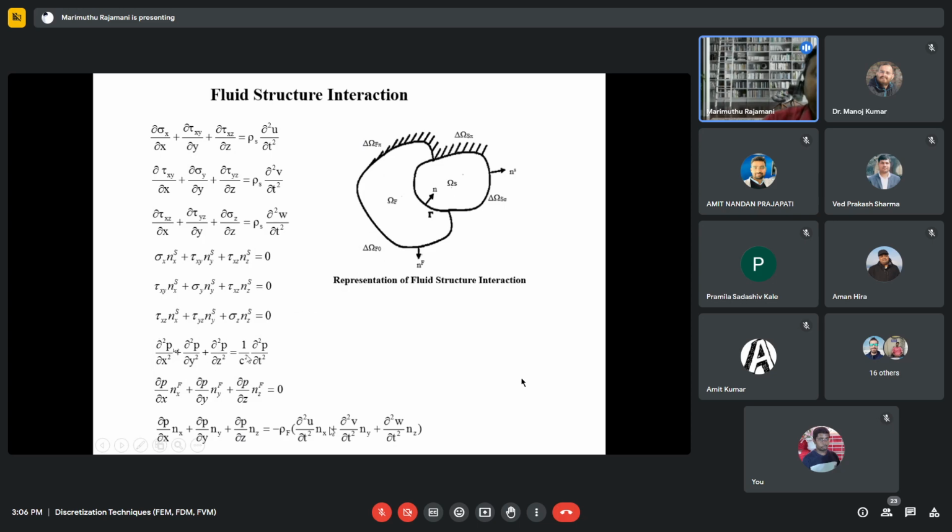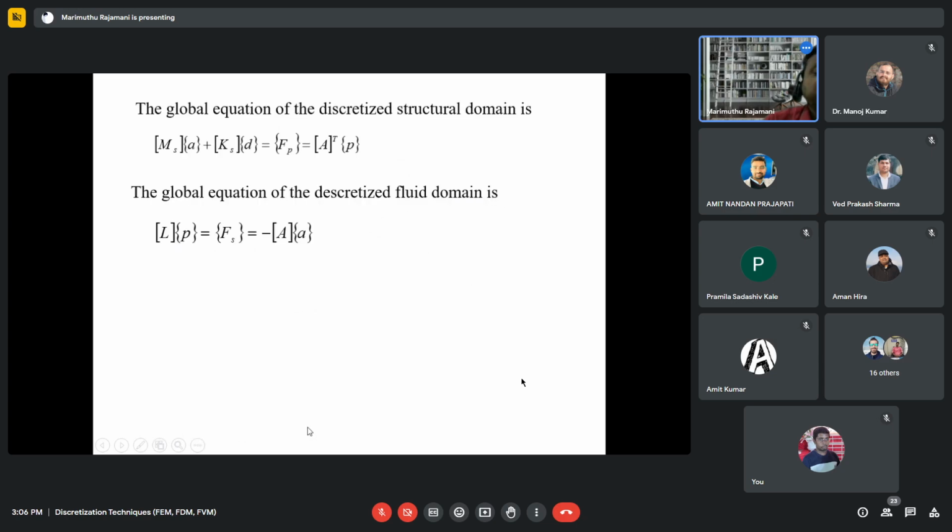At the interface you will have area into acceleration term. Now you condense this pressure, you will get L inverse A into this acceleration term, so pressure is written in terms of acceleration.